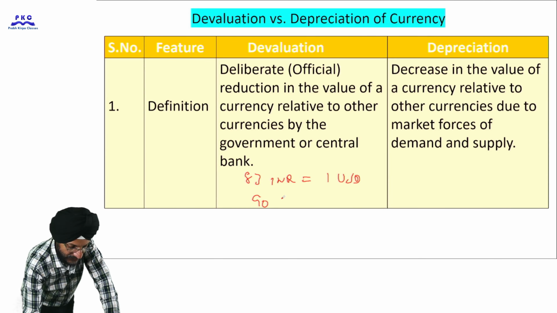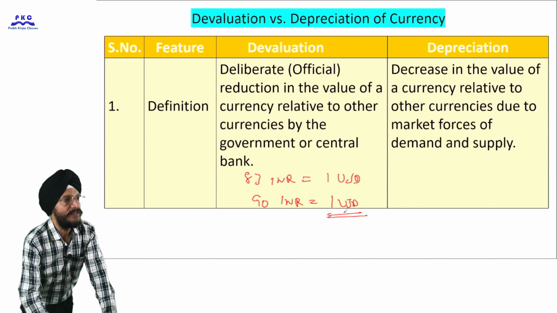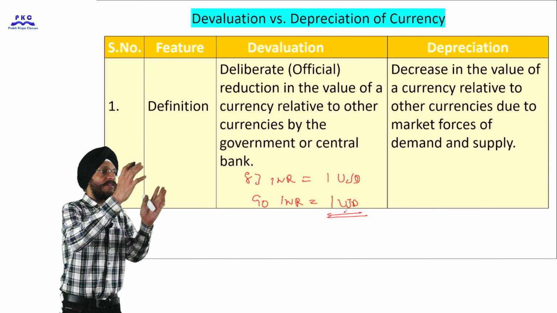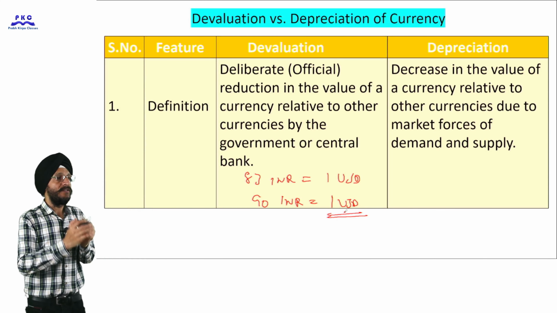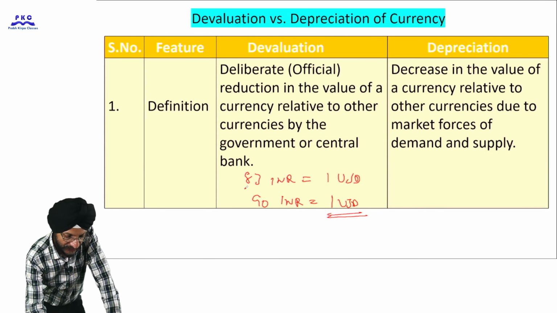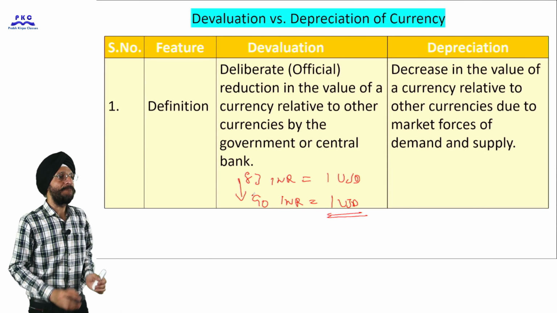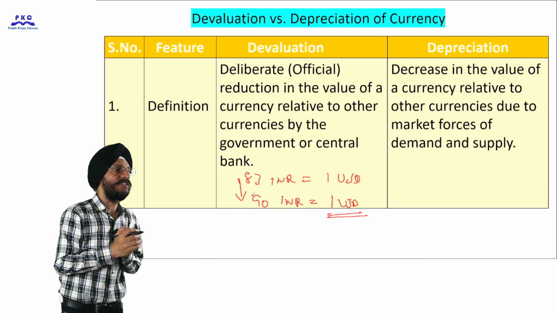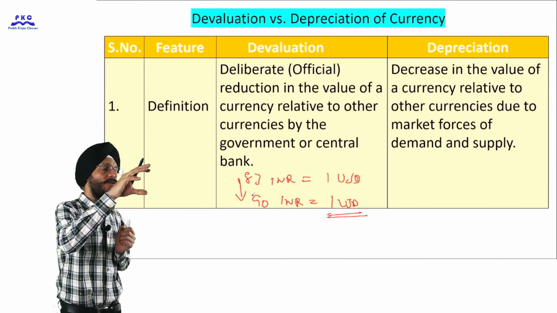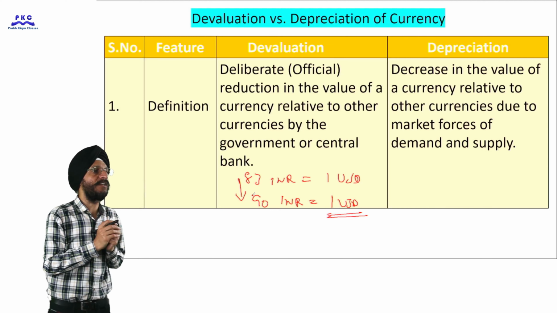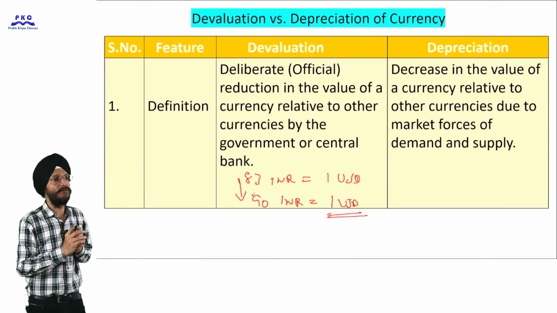Suppose it decides that from now onwards 90 Indian rupees will be equal to 1 US dollar, it is devaluation. This decrease in the value of the Indian rupee vis-a-vis other foreign currencies by government order or by the order of the central bank of the country is devaluation of the currency.